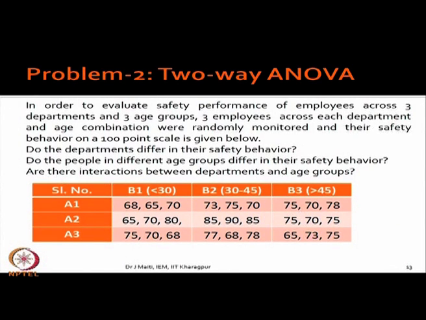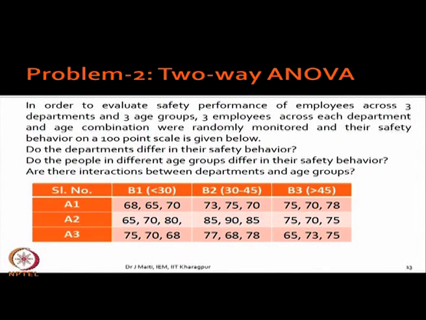Problem 2, two-way ANOVA. I think last class we discussed MANOVA, but before MANOVA I gave you some idea that when two factors are governing the behavior of the system, they may be independent factors or dependent factors. Depending on the nature of the relationship between the factors, the behavior of the system will be different.